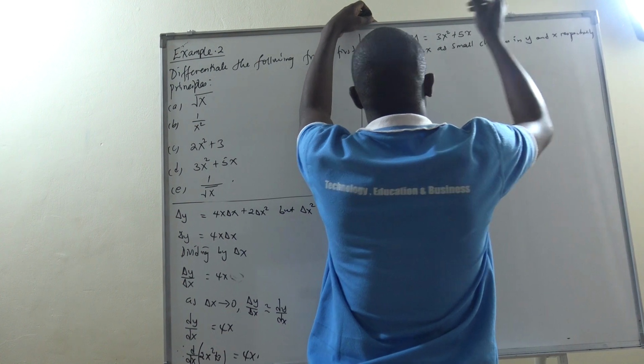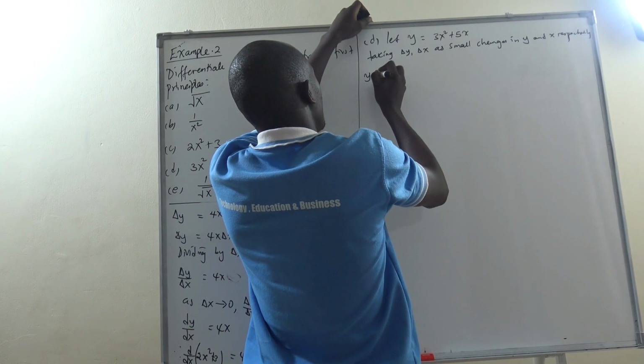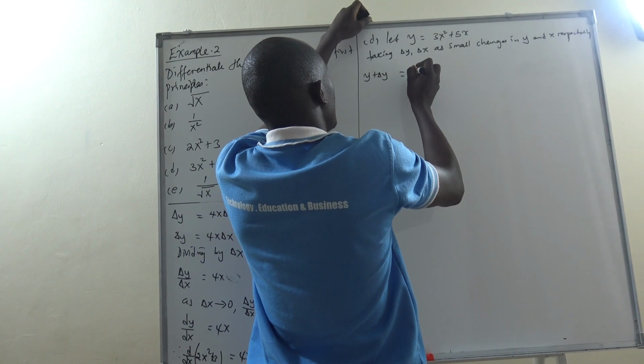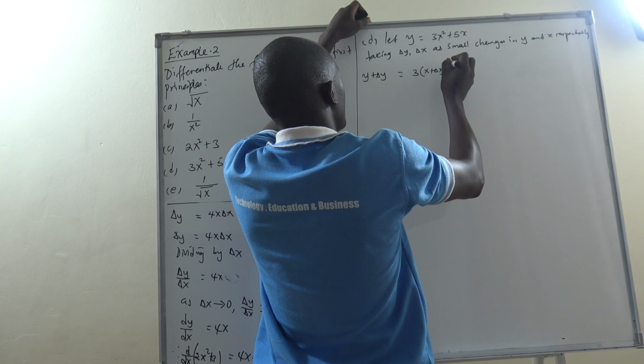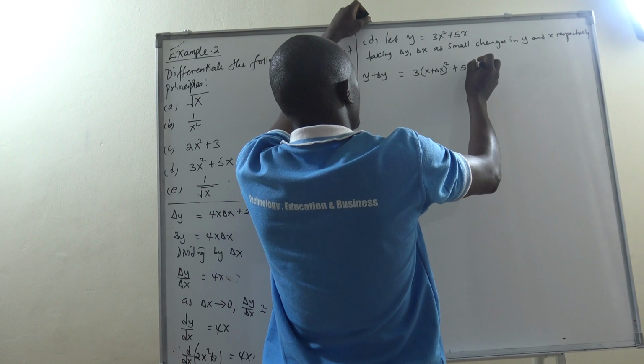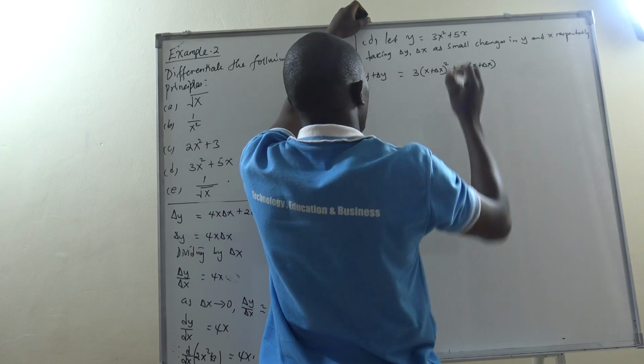So we take those small changes, so I'm having y plus small change in y equals 3 into x plus small change in x squared plus 5 into x plus small change in x.